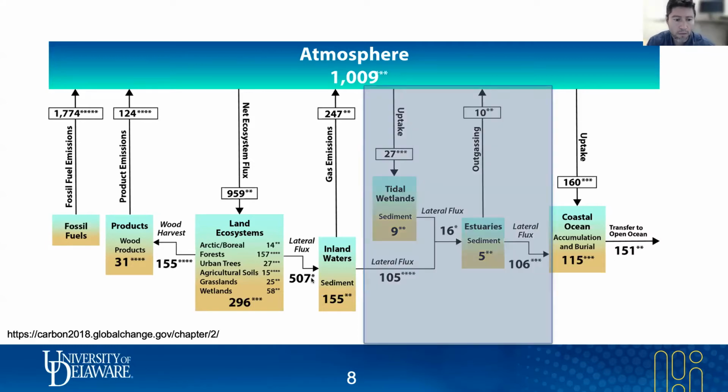For today's talk, I want to focus on this part of the diagram, where we have the tidal wetlands and the estuaries. This summary was done in 2018, and SOCCR assessments need to be performed on a constant basis, assessing the published information.